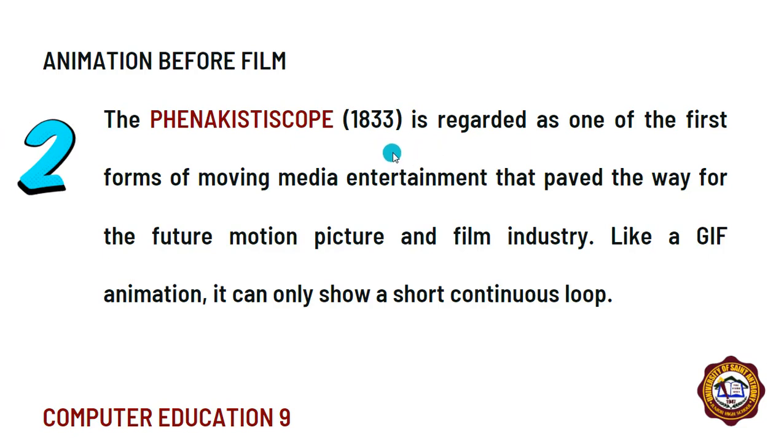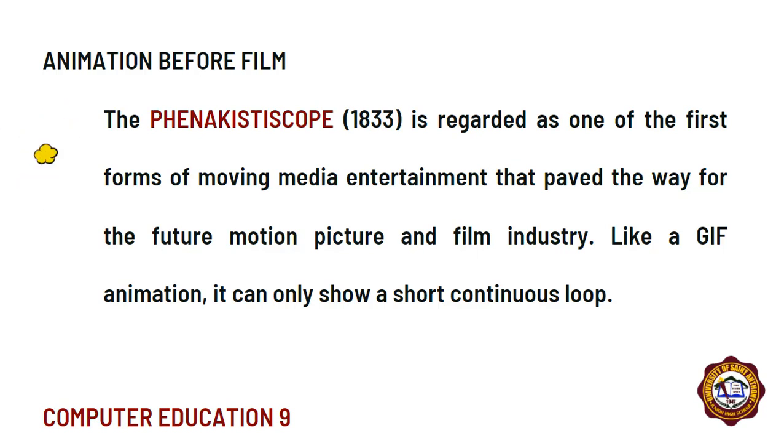So next we also have ito, phenakistoscope. So it was 1833. This one is regarded as one of the first forms of moving media entertainment that paved the way for the future motion picture and film industry. So like yung GIF na mga animations.